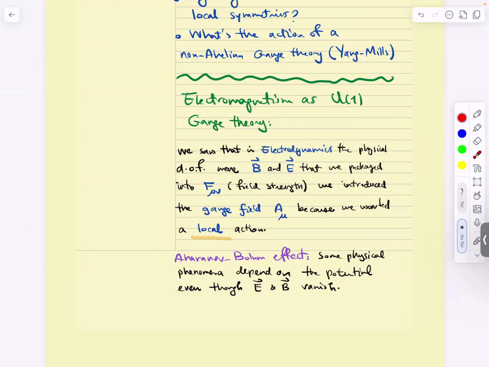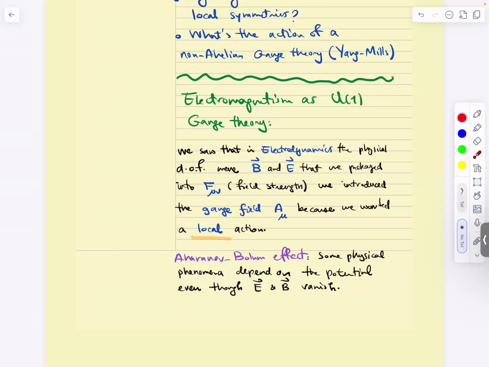So to introduce a local action, we invented a gauge field that has some fiducial degrees of freedom. These are redundant, completely made up, and they have to be discarded. And I want to insist that we did this because we wanted a local action.